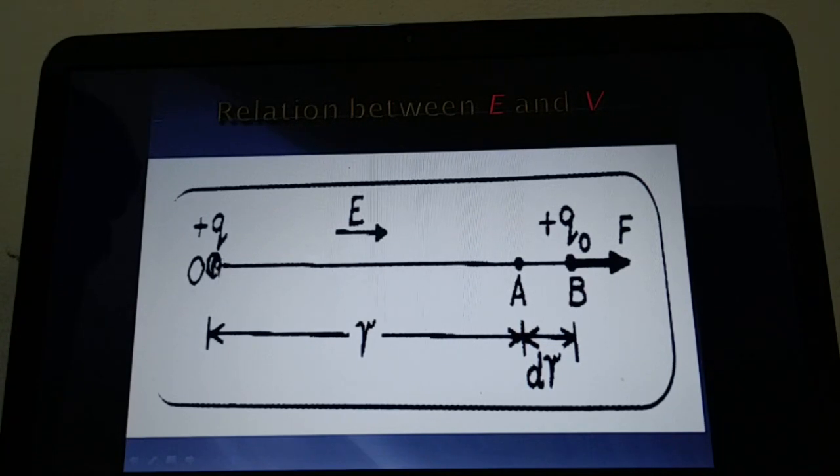Okay, we are having a source charge plus q. From there, at a distance r, a point A is there. At a distance r plus dr, a point B is there, where we have placed plus q0 charge, and it experiences a force F away from plus q. Okay, this is the situation.